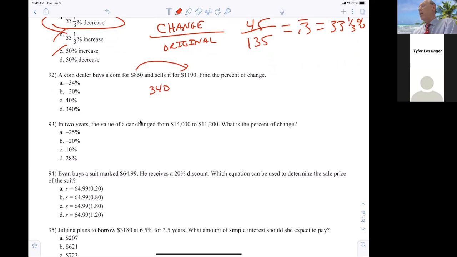And then we divide it by 850. And somebody tell me what that is. 0.4. Did it go up or down? Up. Correct answer is 40%. Is everybody okay with that?